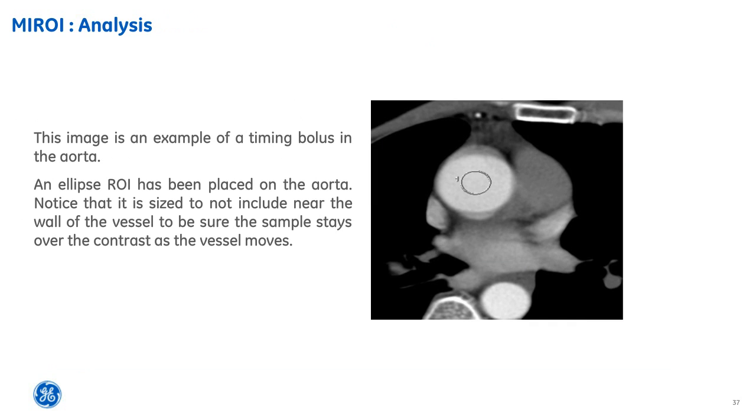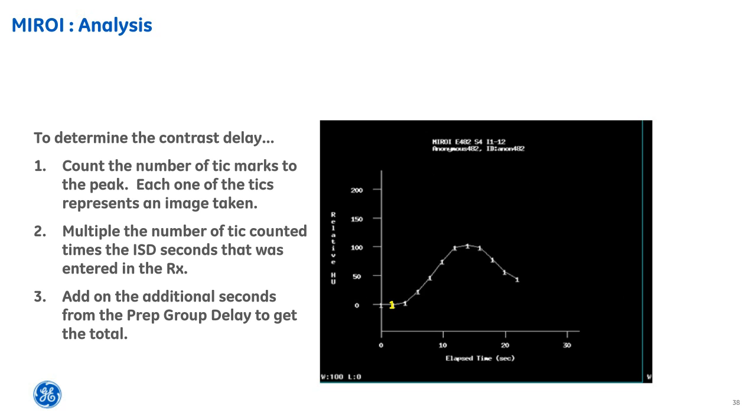We would then, in the same way that we would with our Smart Prep, put a region of interest, but the difference is we're doing this retrospectively rather than prospectively. In Smart Prep, we'd put the region of interest on and watch the contrast enhance within that region. Here we've already got some slices with iodine in, and we're finding out at what point this actually peaked with contrast enhancement.